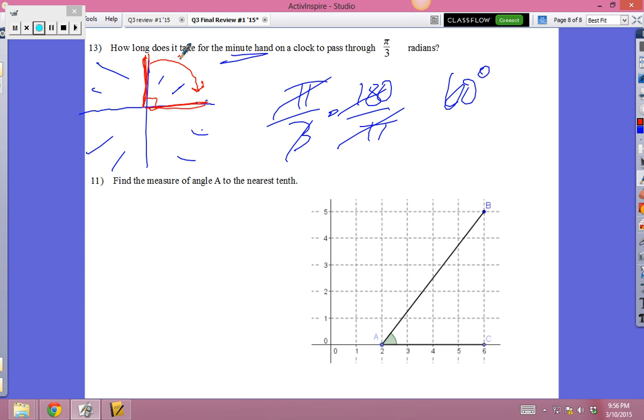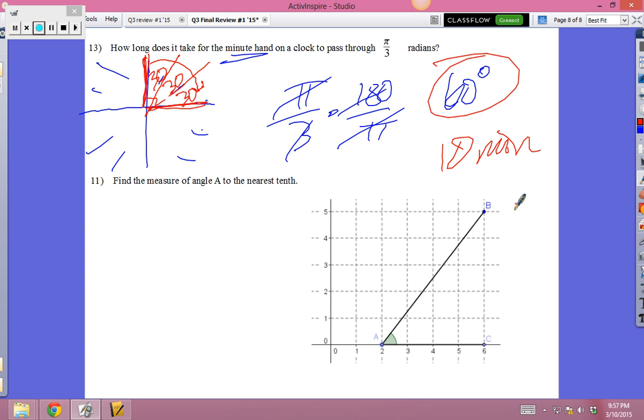So that means this sliver is 30 degrees, this sliver is 30 degrees, and this sliver is 30 degrees, 30, 60, 90. So every 5 minutes is equal to 30 degrees. So if I'm going 60 degrees, that's 10 minutes.